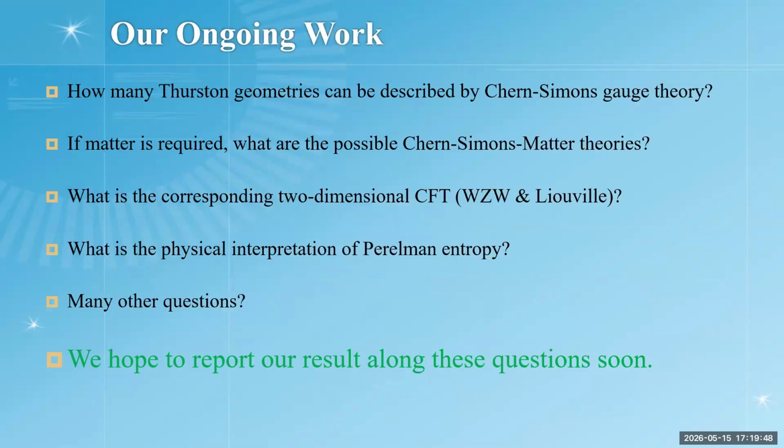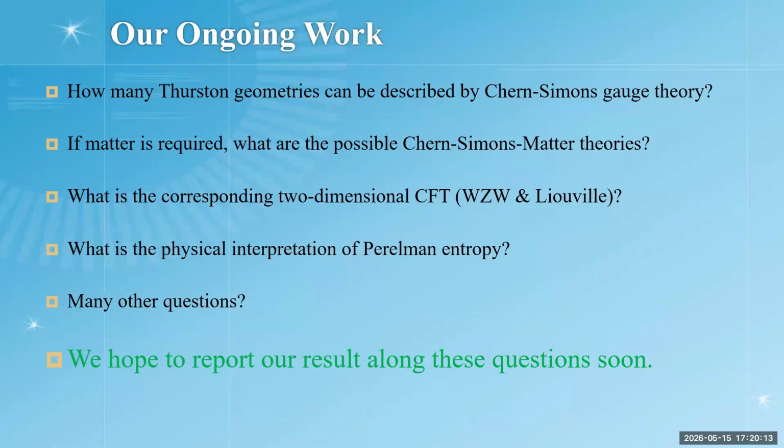Another question: Perelman introduced the Perelman entropy together with this previous action, and this Perelman entropy just describes the evolution of 3-geometries. I think there must be some physical interpretation of Perelman entropy.